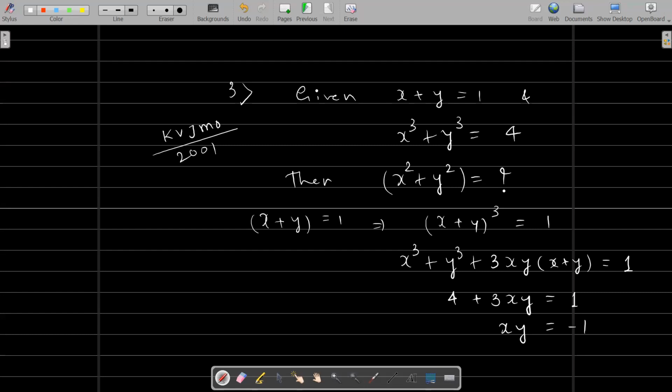Now what do we want? x square plus y square. One way is to expand (x plus y) squared and I'll get a 2xy term there. But I now know the value of xy, which is minus 1.